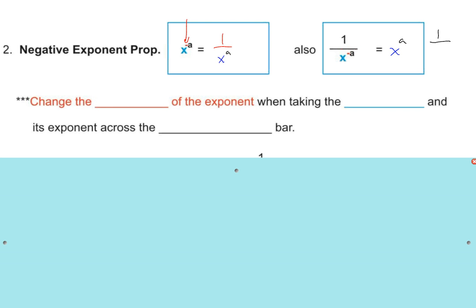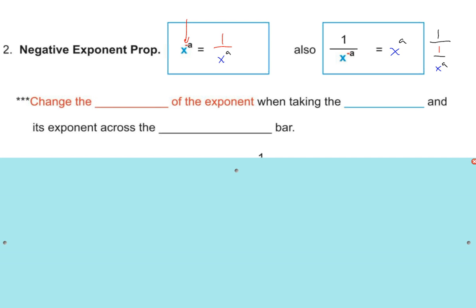If you want to look at this as the previous left rule, then that's where you're at right now. Again, just forget about the top 1. Just think about x to the negative a. What is it? 1 over x to the a. Now, this is true.